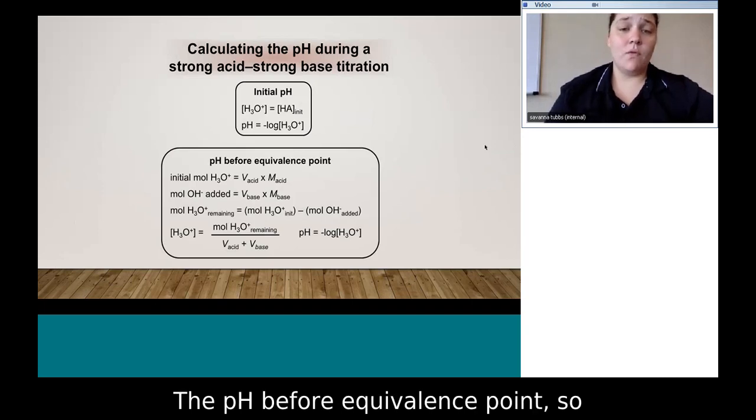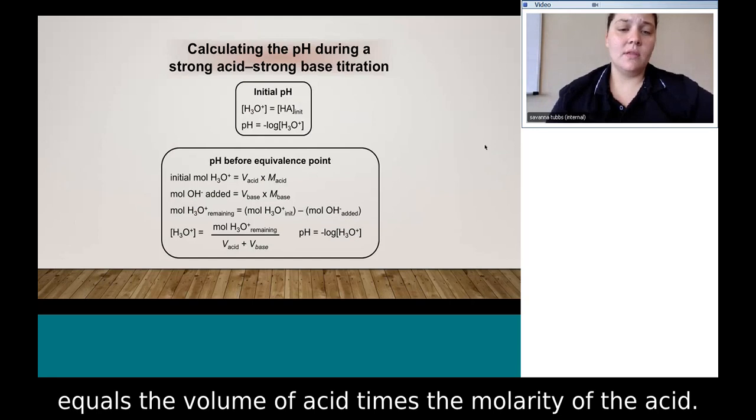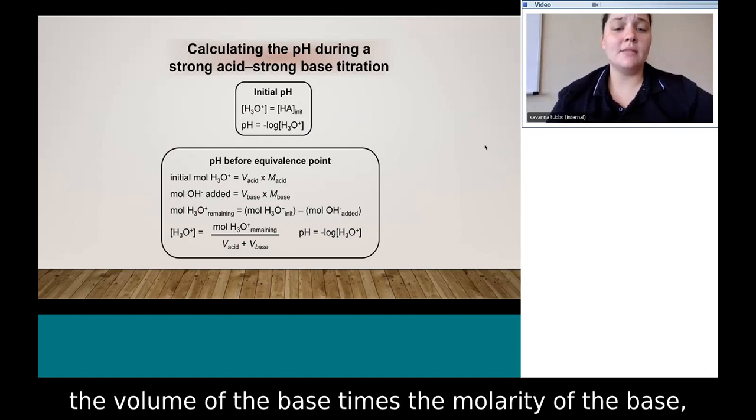The pH before the equivalence point, so before you hit that endpoint: the initial moles of H3O+ equals the volume of the acid times the molarity of the acid. The moles of OH- added equals the volume of the base times the molarity of the base.